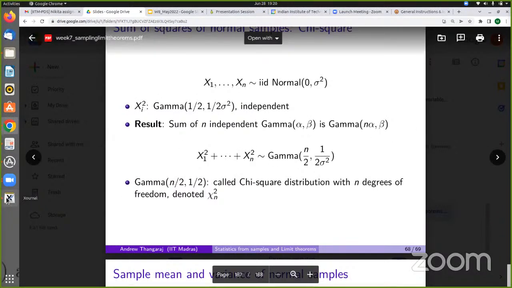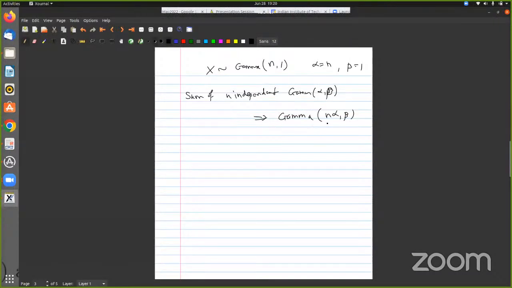Now, in this case, if X is Gamma(n, 1), can I say that this X can be written as Y1 plus Y2 up to Yn, where each Yi is Gamma(1, 1)? Then that sum will become Gamma(n, 1), because n alpha is n and beta is 1, which is nothing but Gamma(n, 1), right?